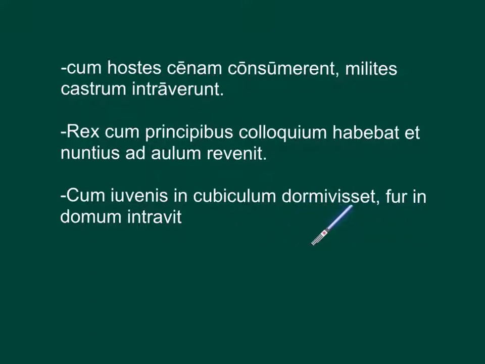No other ablative, and then we look at our verb dormivisset. Oh, look at that, it's got an isse. This has got to be a pluperfect subjunctive. Pretty good. So since it's a pluperfect subjunctive, we're going to translate the cum when. So when the young man had been sleeping in the bedroom, the thief entered the house.